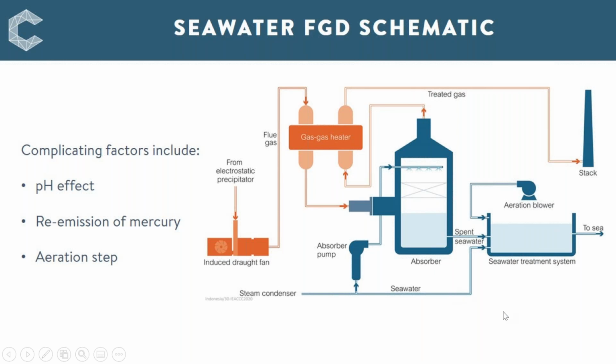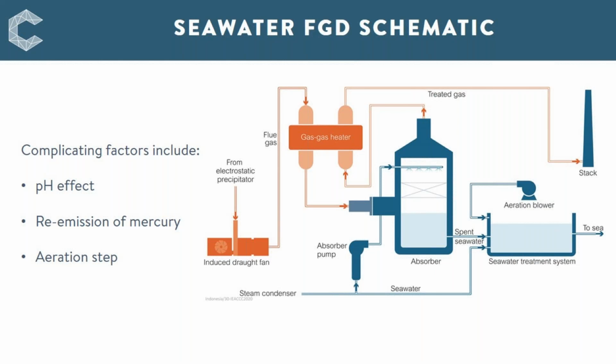And I should perhaps introduce the term re-emission. Well, when mercury goes into a wet scrubber, and assuming it's a mix of oxidized and elemental mercury, elemental mercury is practically insoluble, so it goes right through.